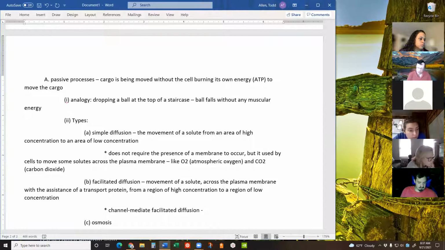Channel-mediated facilitated diffusion is something that you use typically to move ions across the plasma membrane, like potassium or sodium or chloride.